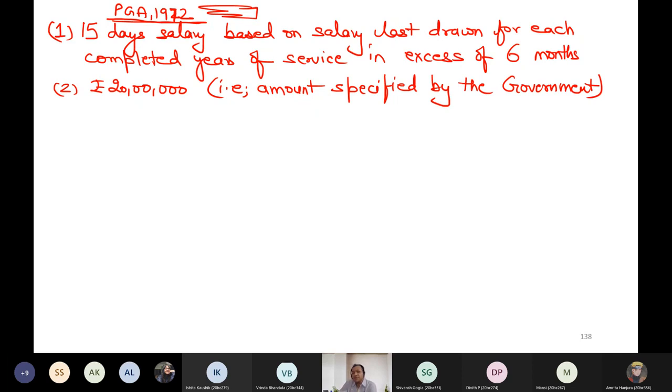And do you know why this amount has been fixed by the government? Can you think logically why this amount has been fixed? Why has the government put one amount flat out of the three? Can anyone make a judgment? Anyone who can try? No one can try.